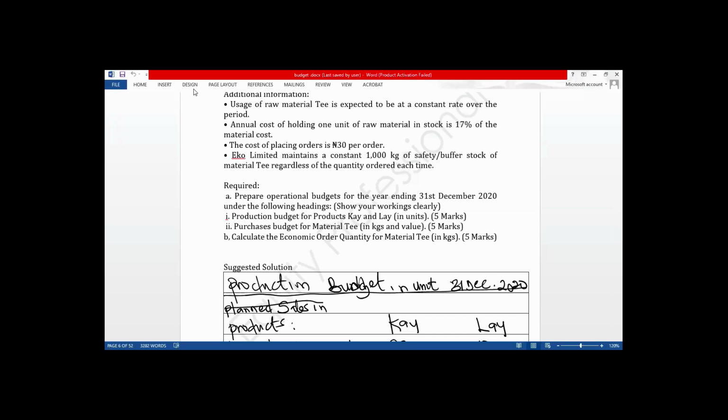At the end of the period, you are going to have either a cash surplus or a cash deficit.